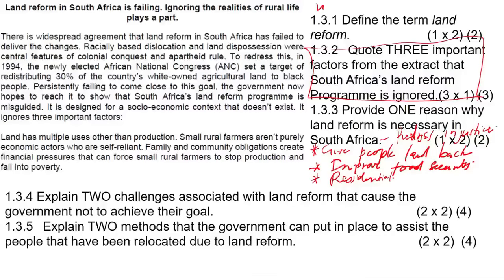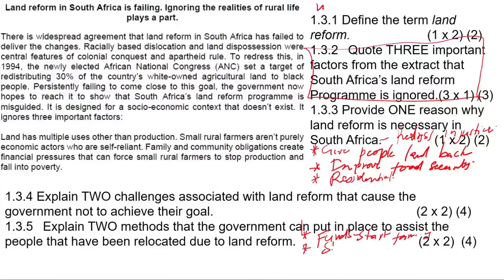Now, after you have been given your land back, it's a farmland. You are unable to use this land profitably. How can the government assist people that have been given the land? Number 1, the government can provide them with funds to start farming.